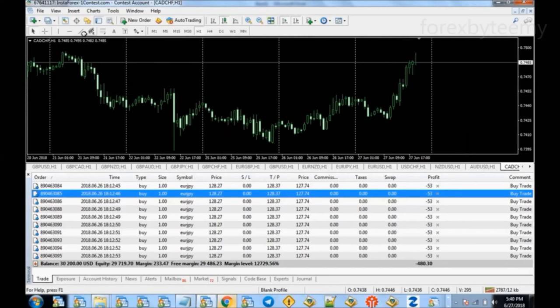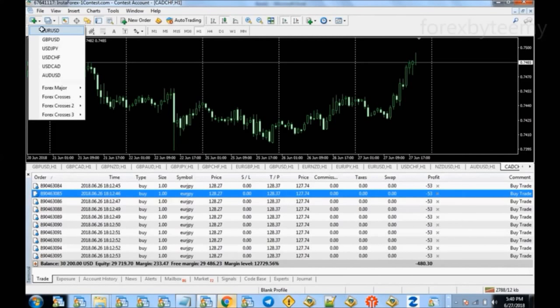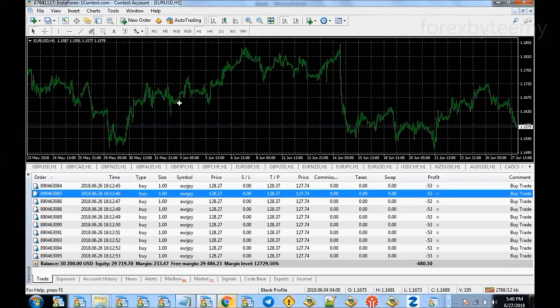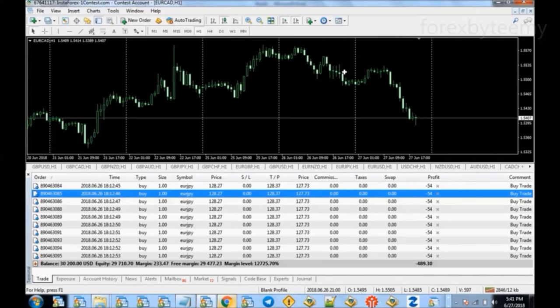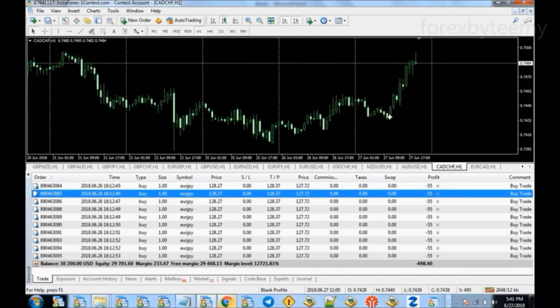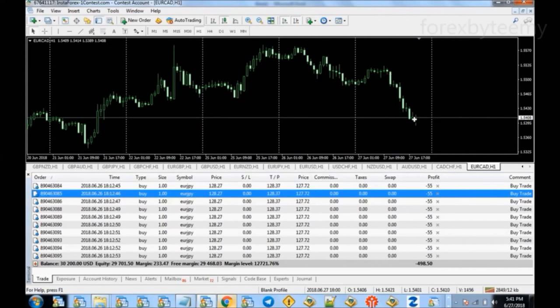And Euro CAD. Now, take a look at one coming all the way down and this one going all the way up. Remember, over here we are saying the Canadian dollar is the one showing strength, because it's the base currency showing strength all the way up, and here it's showing strength all the way down.